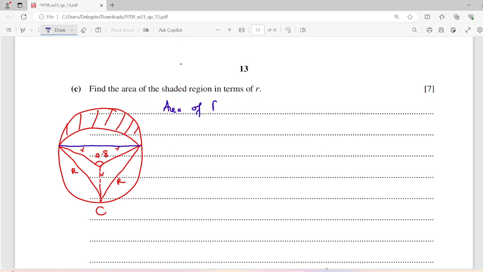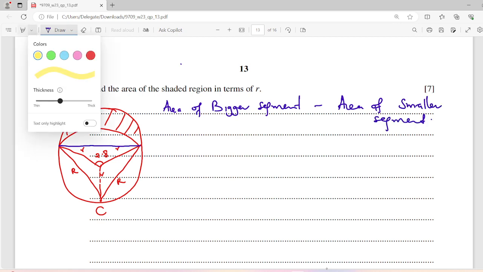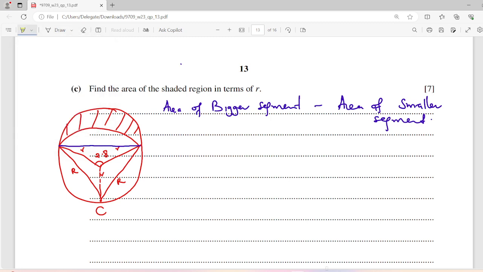So when I get the area of the bigger segment, I'll be getting the whole of this area of the bigger segment minus the area of the smaller segment. So now I want you to look clearly. When I get the area of a bigger segment, I am getting this area here.